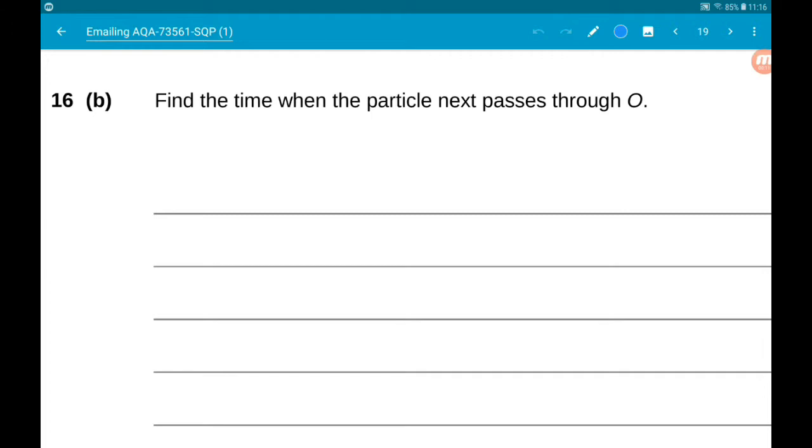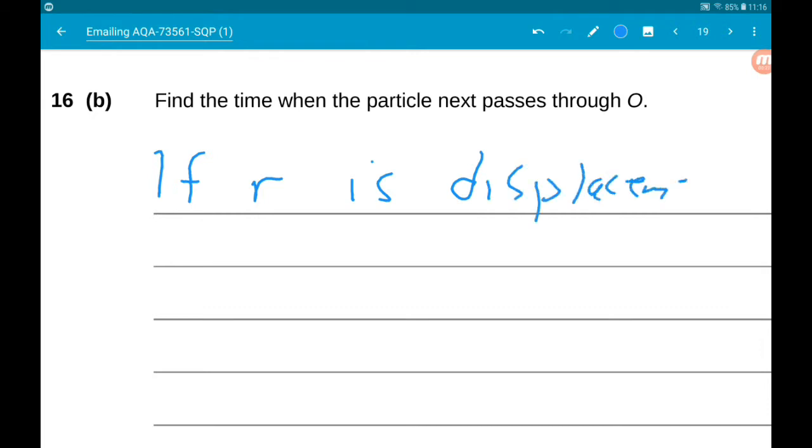If r is displacement, then velocity is the difference in displacement over difference in time, so dr by dt.